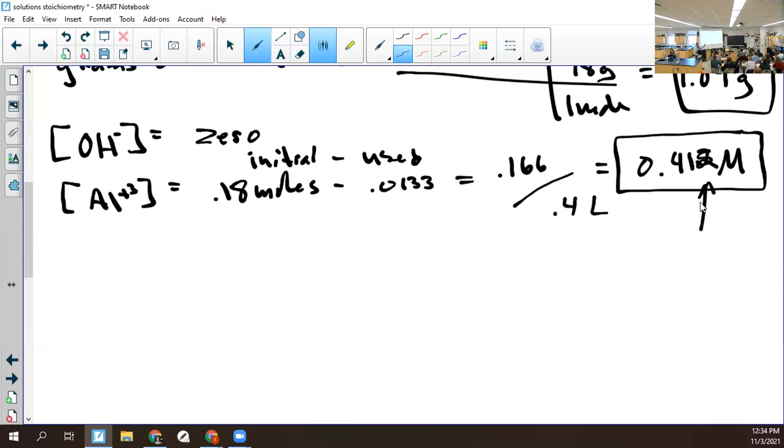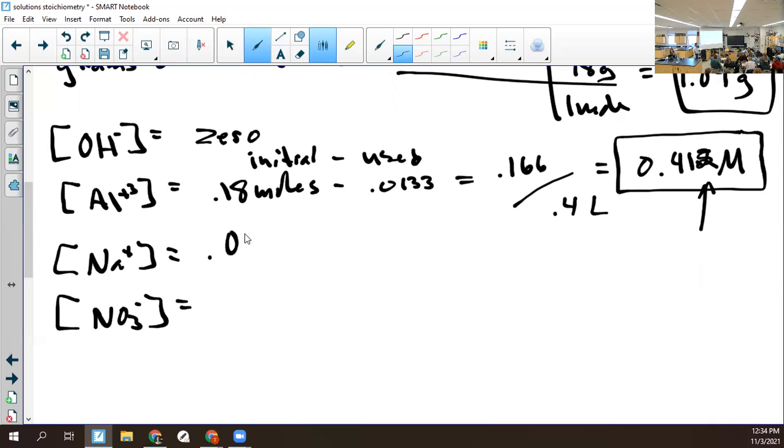Okay, I have 2 parts left, and they're not hard usually. Spectator ions. So I had Na plus, and I had NO3 minus probably, right? I already found their original moles. Na plus was 0.04, wasn't it? If I remember right.